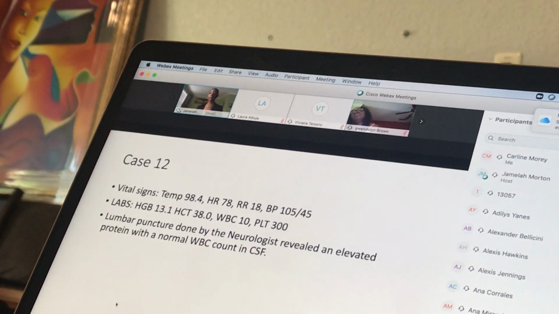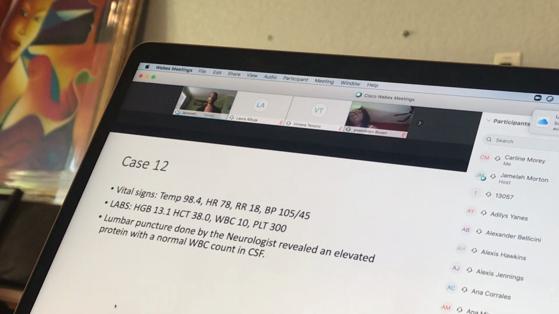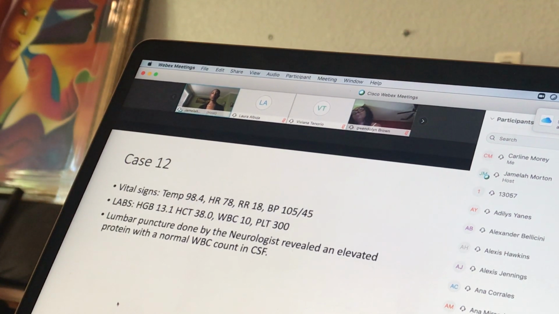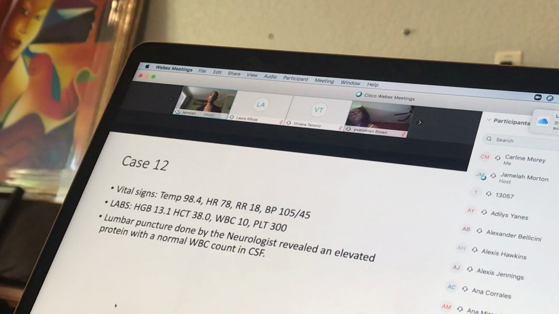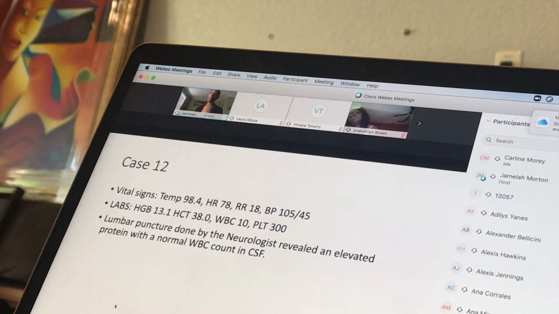We want to look at protein. Protein should be like 0. So if you have elevated protein, it can be infectious. It can be inflammatory. You also want to look at glucose. Glucose that is normal doesn't indicate that there would be an infectious process.